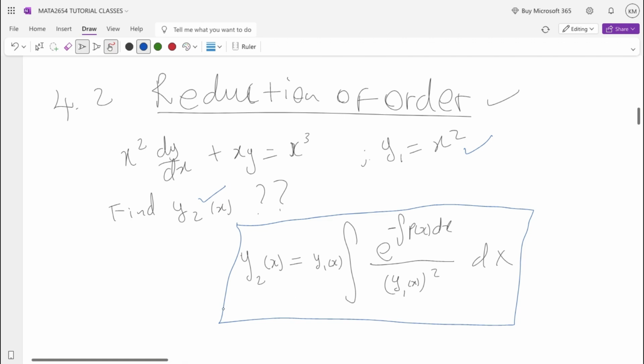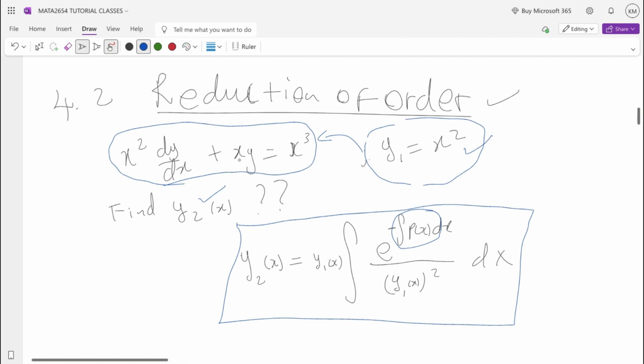Before you apply this equation, what will you have to first do? You will have to first verify that this is indeed a solution to your given differential equation. After you verify that, you then put your differential equation in standard form. Why do we put it in standard form? So we can find our p of x. Realize there is an integral of p of x there, so we need p of x.